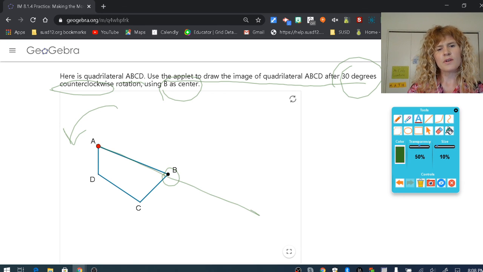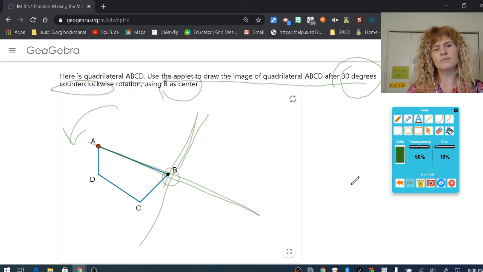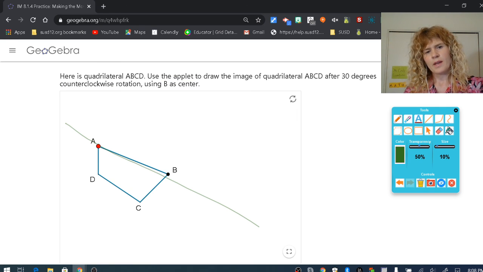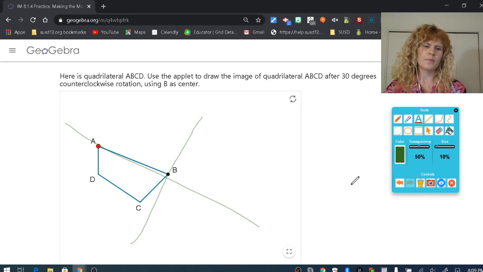So I'm going to draw a straight line and a perpendicular line. Let me draw that perpendicular line again. I'm not satisfied. Okay, straight line and perpendicular line. Now, from here to here is 90 degrees.